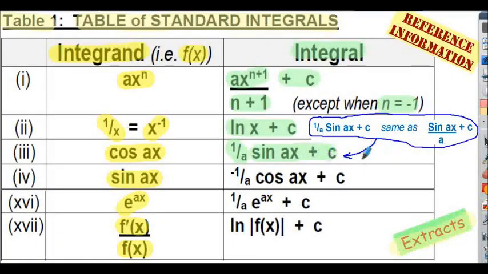Just notice the formatting here. 1 upon a multiplied by the sine ax is actually the same as sine ax divided by a. Sometimes the fraction 1 upon a confuses students in the solution here. You can review the other solutions at your own pace.